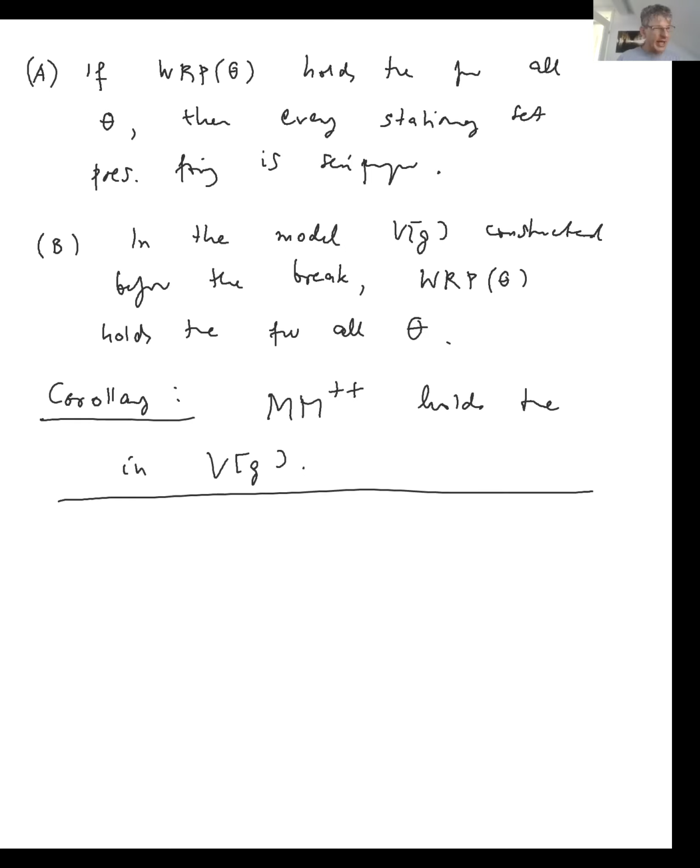And I have to say that this is the only known way to show the consistency of a statement like Martin's maximum. You could try to do it more directly, not going through these reflection principles. So why not simply say, instead of iterating semi-proper forcings, why don't I just iterate stationary set preserving forcings? It is very delicate, because when you are in a world where this reflection principle, or let's say its consequence, is not true, then it might be that you iterate stationary set preserving forcings, and in limit stages you actually, for instance, collapse omega 1, and then the whole thing breaks down.